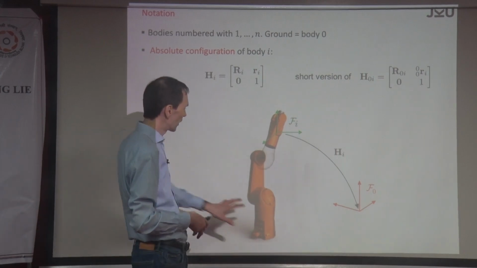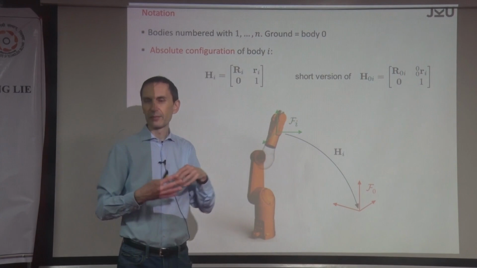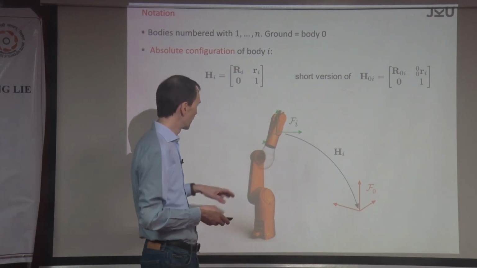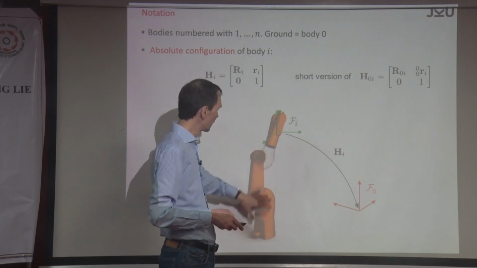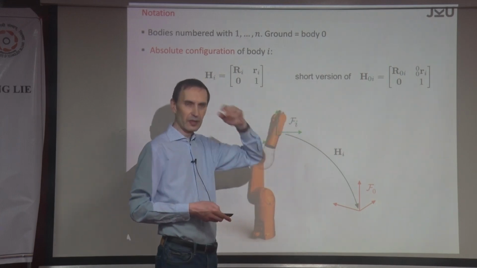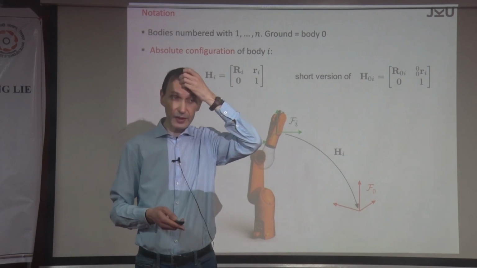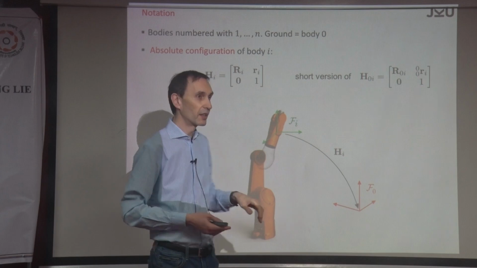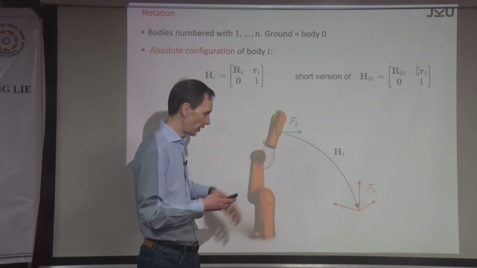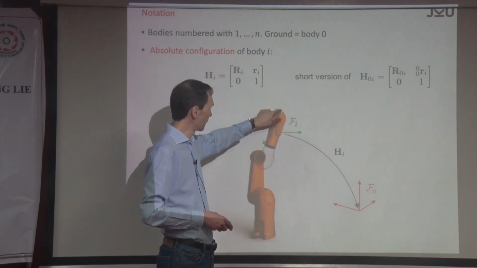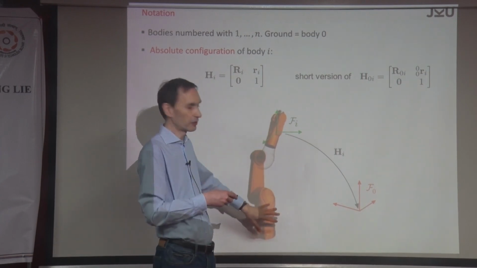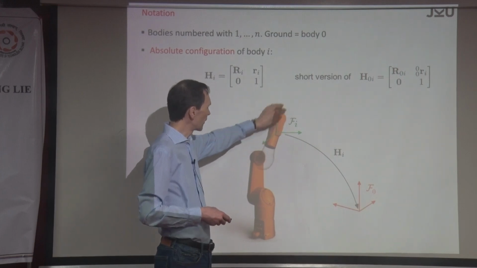Okay, and now let's say we have a robot, like an open kinematic chain for the time being. This was the last example we had yesterday. The forward kinematics, as they call it, says that I would like to have the end effector frame. This is a frame that is attached to each of the links, but let's say there is the last one.